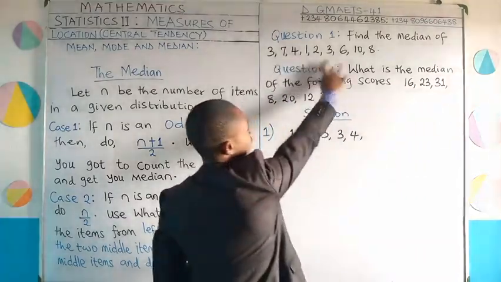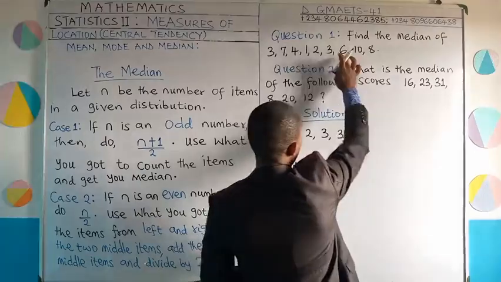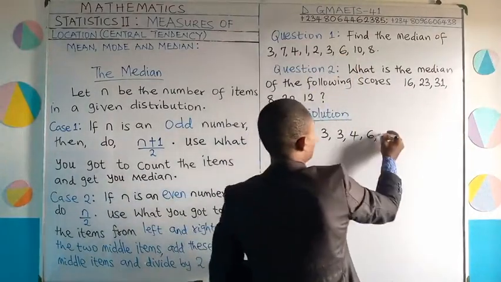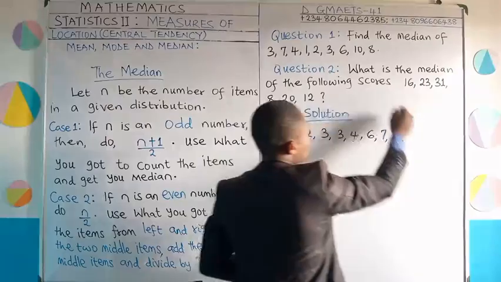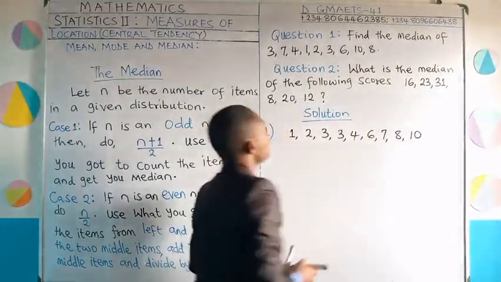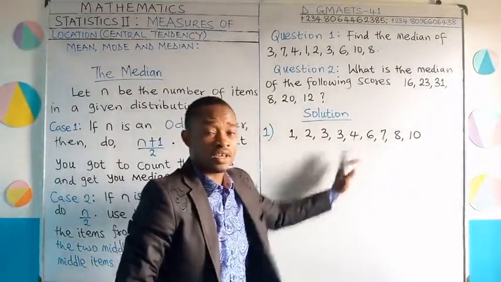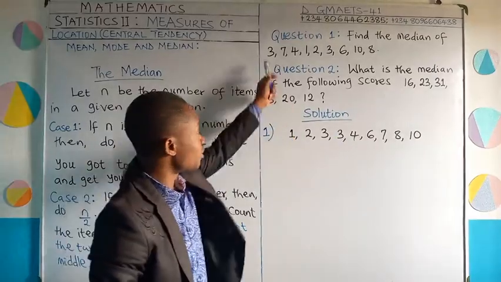There is no 5 in this distribution. There is no 6. Okay, there is 6. Look at 6. Then we have 7. We also have 8. There is no 9 in this distribution. The next number is 10. So this is what we have in that distribution. I've arranged it in increasing order from smallest to the highest number.